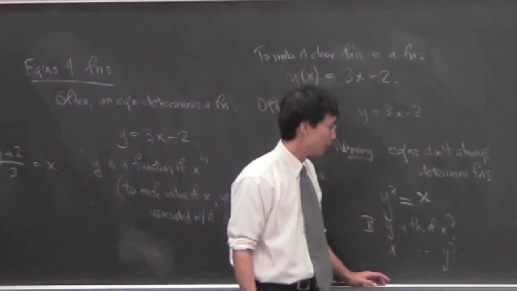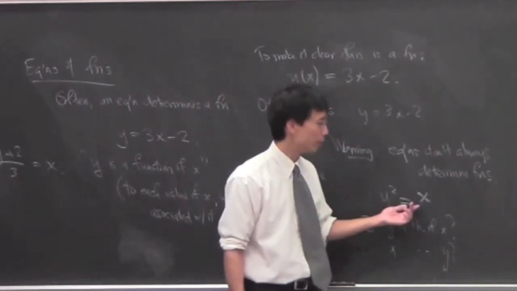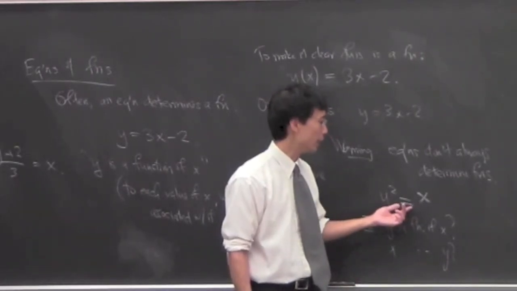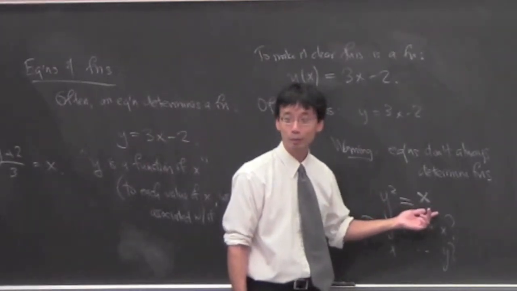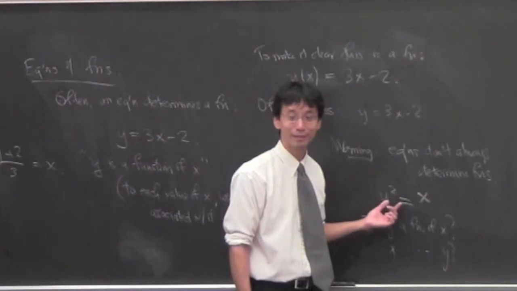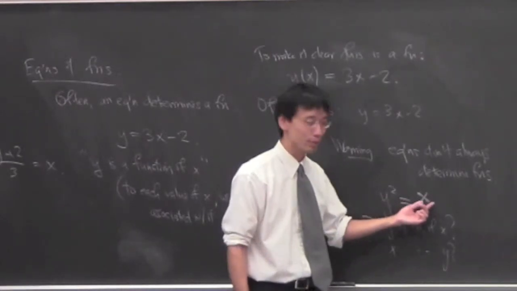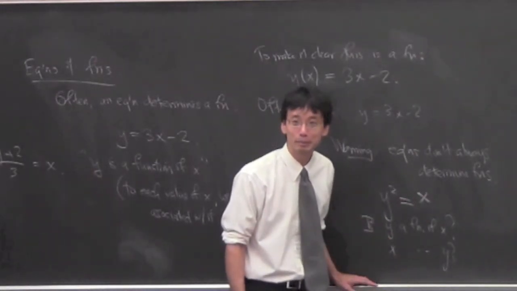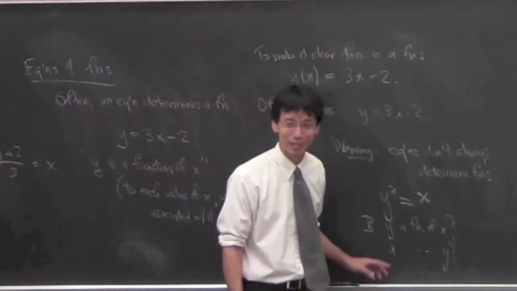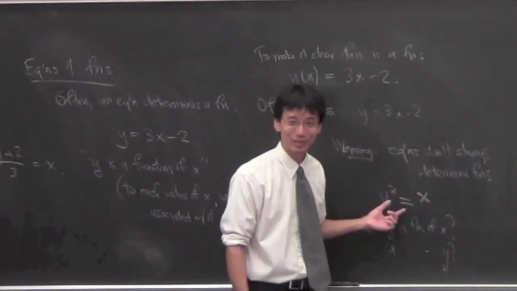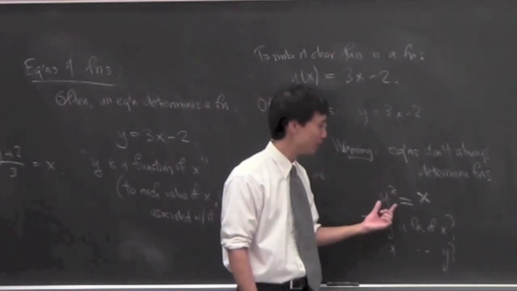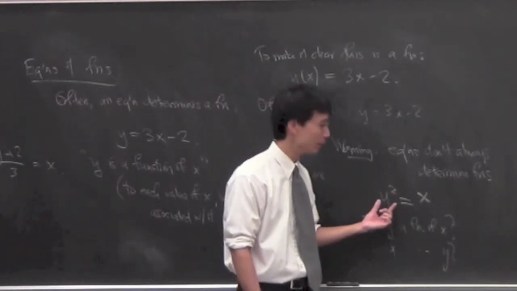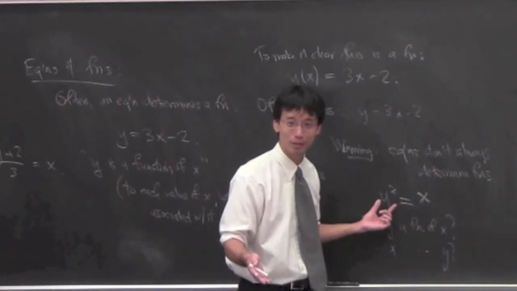Going the other way, if I say x is 1, what is my y? Alice, what is my y? If x is 1, what is y? 1. No, it's wrong. I was thinking of -1. You could be either one. But the other way, I can't play that game. If I say y is 1, what is x?